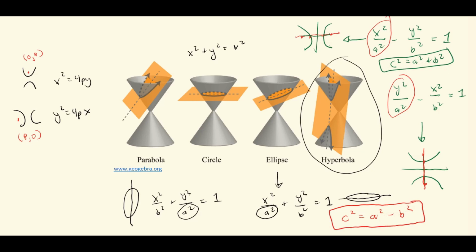And unlike the other conic sections, the hyperbola has two asymptotes. So here the asymptotes would be like this. And then down here the asymptotes would look like this. And we'll talk about how to find the equation of the asymptotes once we look at an example.